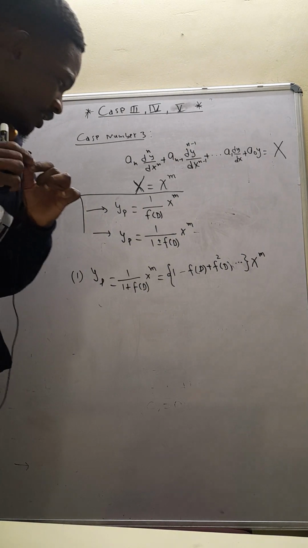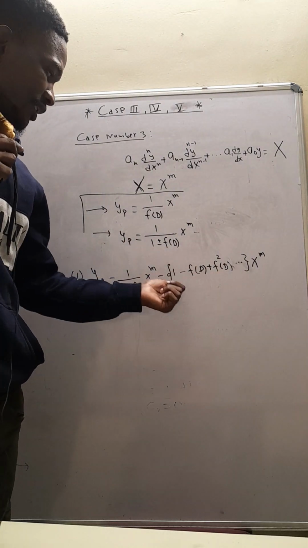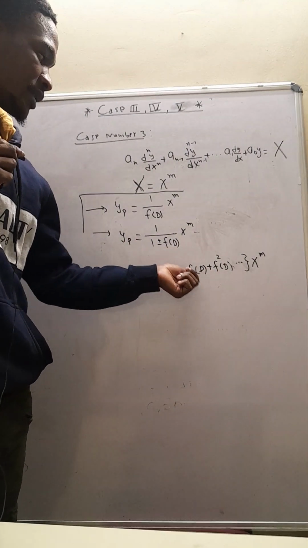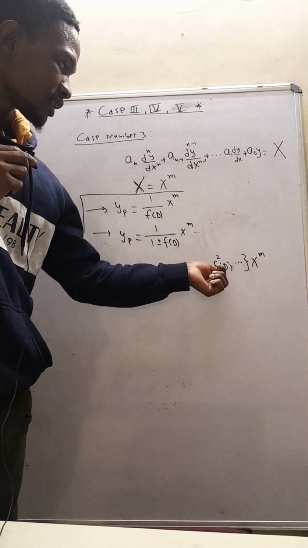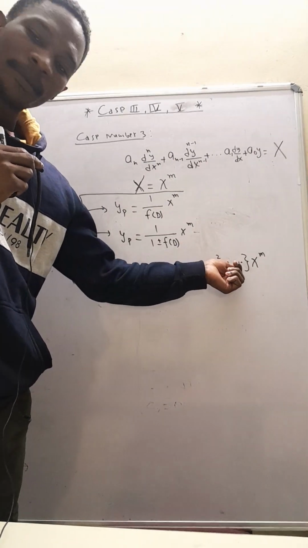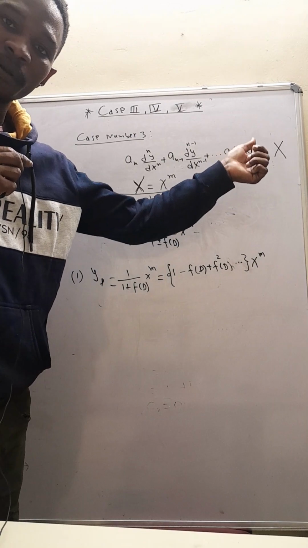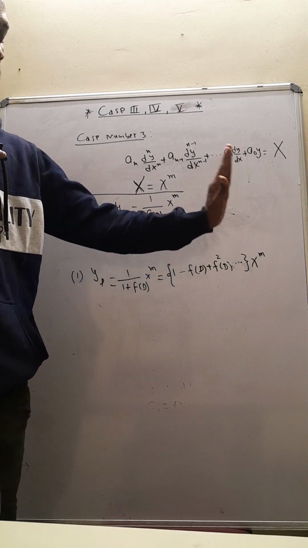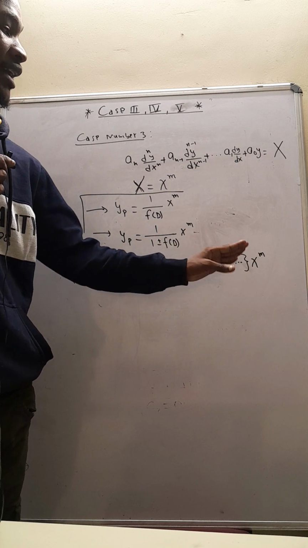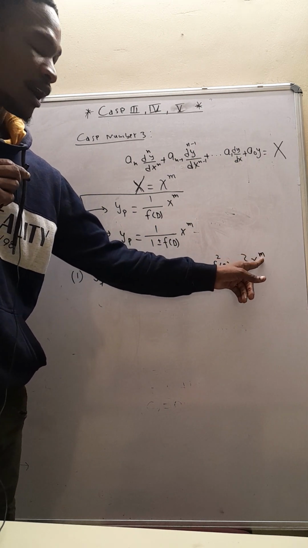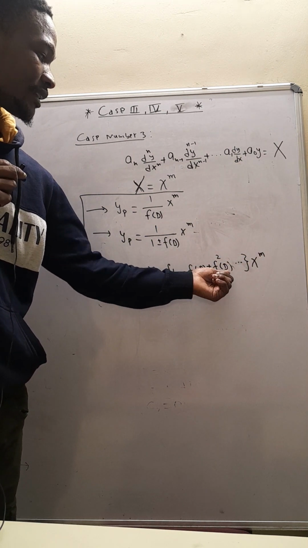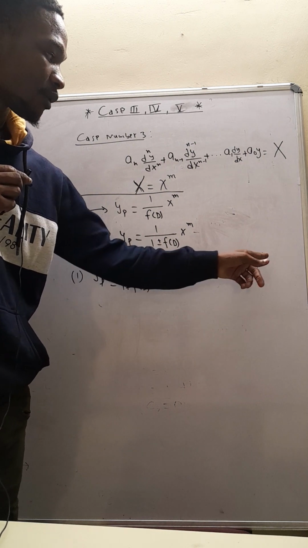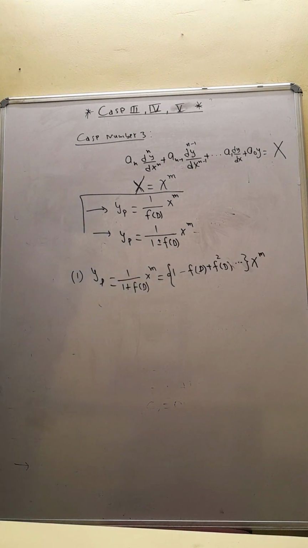You just interchange the sign: 1 minus f of D plus f of D squared minus f of D cubed plus f of D raised to 4, and so on, till you find the D that has the same order as this x raised to m.